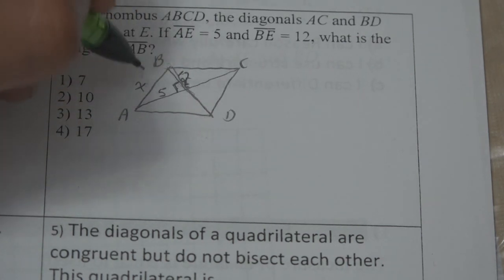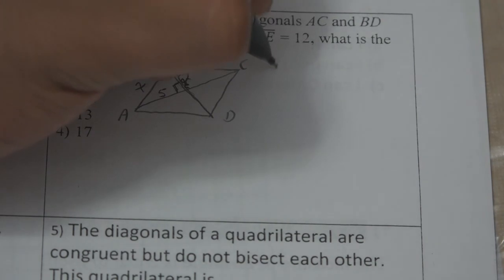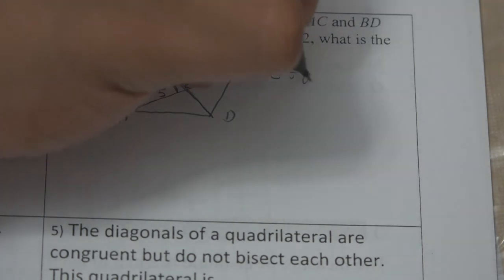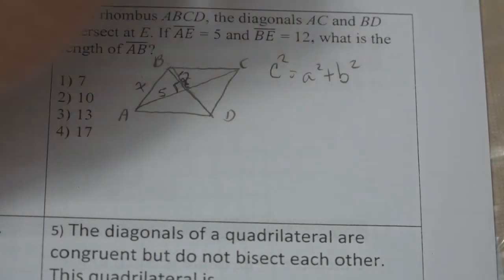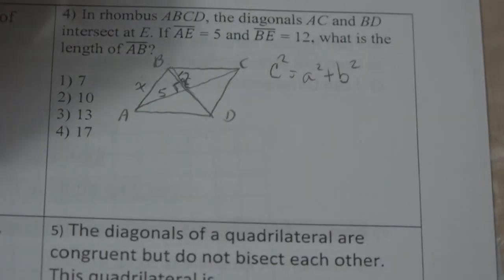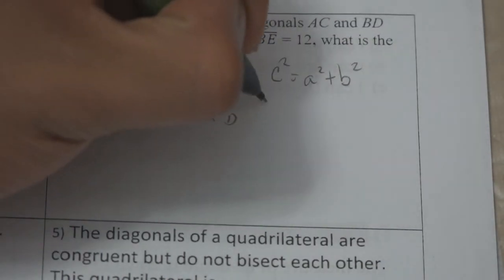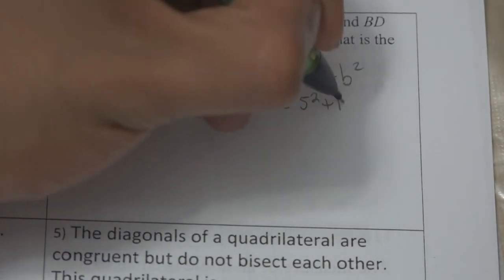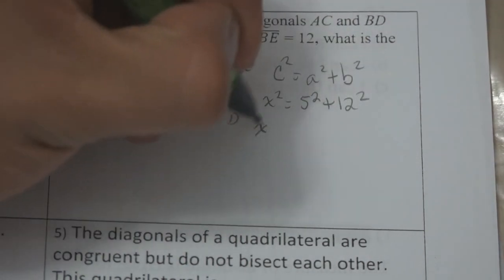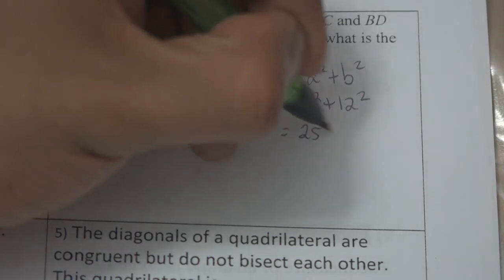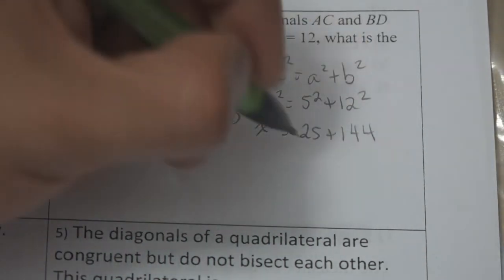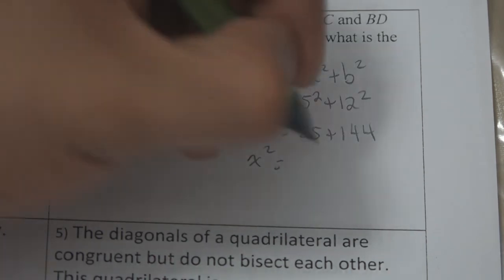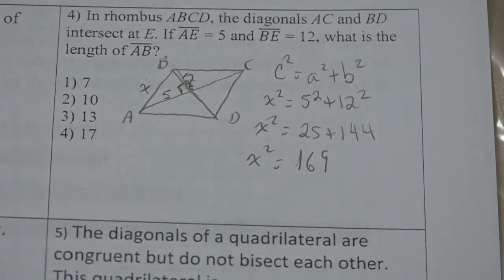So we know that the Pythagorean theorem says that c squared equals a squared plus b squared. So this is the hypotenuse, so x squared equals 5 squared plus 12 squared. So x squared equals 25 plus 144. Okay, x squared equals 169.